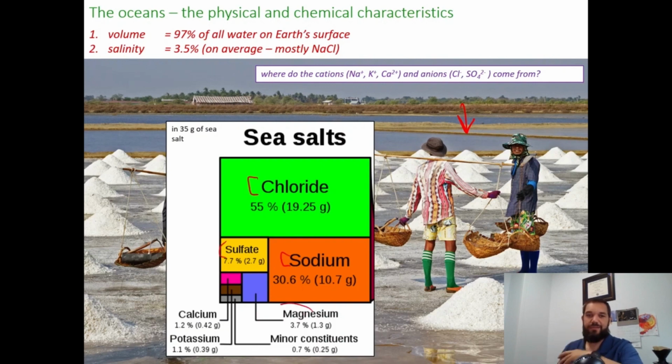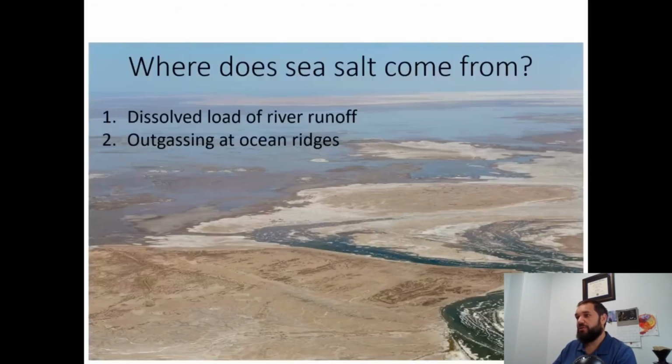Another way of saying it is just table salt and Epsom salt. That's basically it. Everything else, there's some calcium, there's some potassium, and then there's a lot of kind of minor constituents. Basically, everything else is in that minor constituents box. It's very small. Okay. So that's what's in the ocean, right?